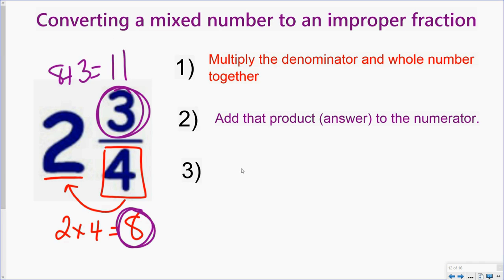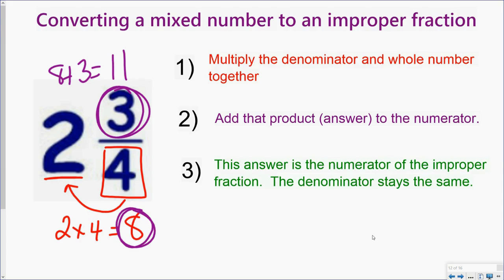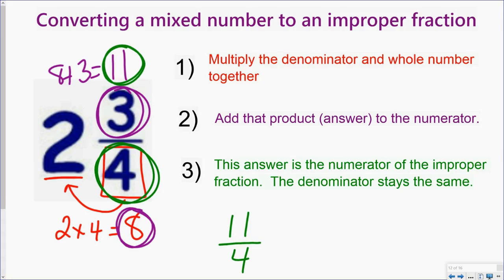And then my last step is I'm going to take this answer, which is now going to become the new numerator. So this 11 right here is going to be my new numerator. And the denominator, which is my 4 here, is going to stay the same. So my improper fraction is now 11/4.